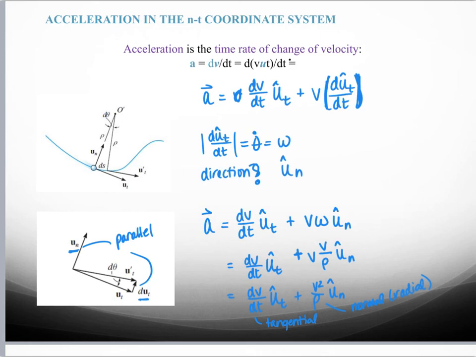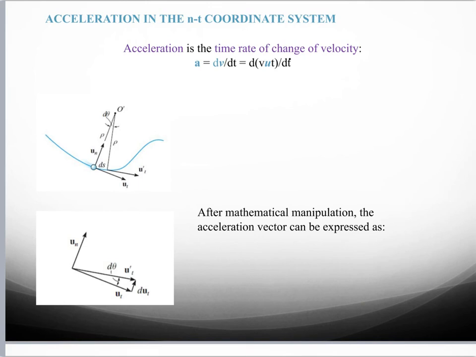And so that makes sense if we think about it, because that's what we said at the beginning. When you have acceleration of an object moving in a curve, it can be caused by two different things. It can be caused by a change in the speed of the object, or it can be caused by a change of direction. And that's what these two terms are.